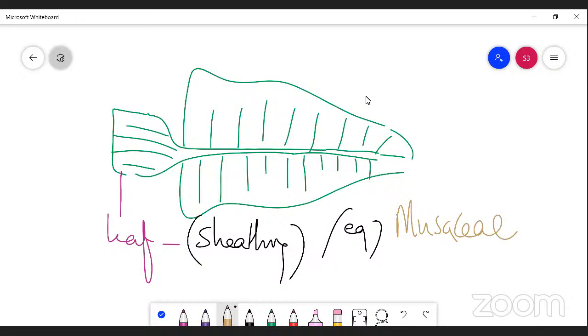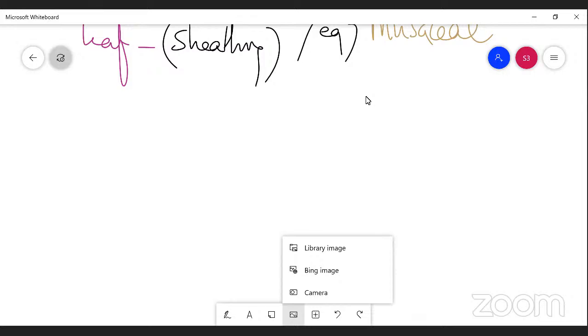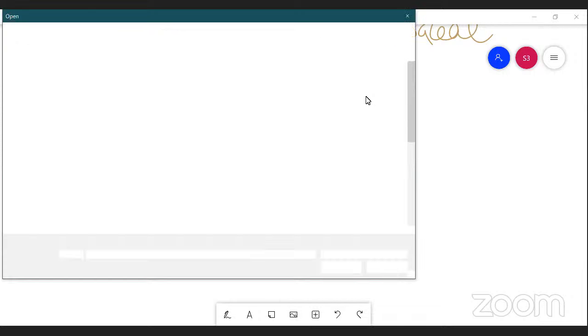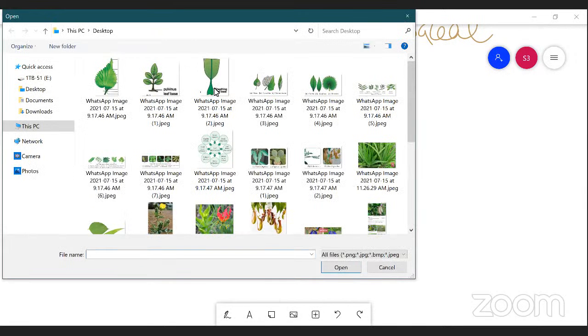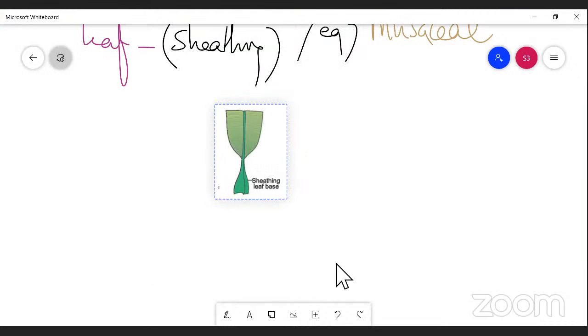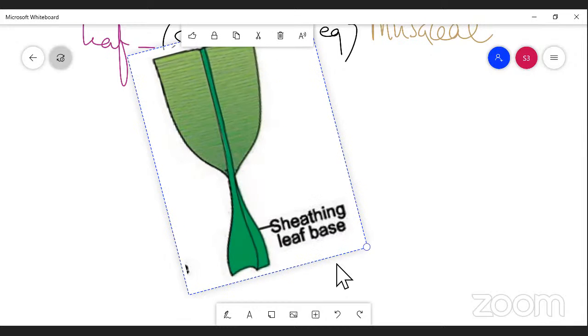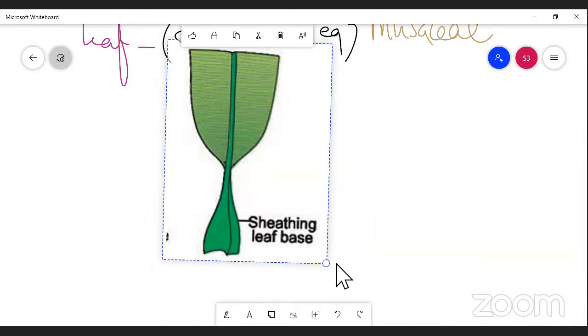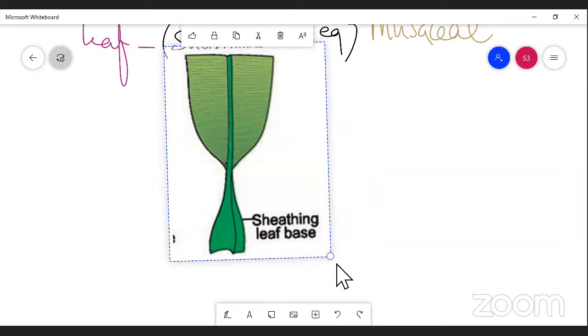So banana belongs to the family Musaceae, in which you find a leaf base which becomes a sheath-like structure, right? I'm going to show you the leaf base which becomes a sheath-like structure. Now you can understand, my dear students. If you take a banana, you find the leaf base becomes a sheath-like structure that attaches to the stem portion, right?